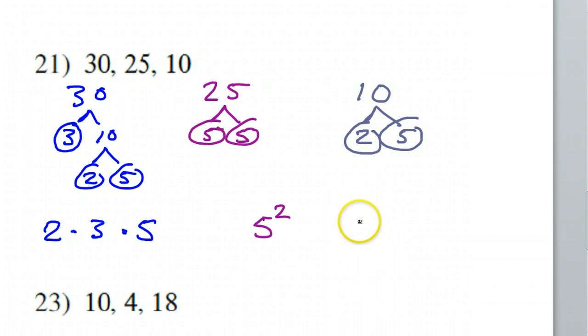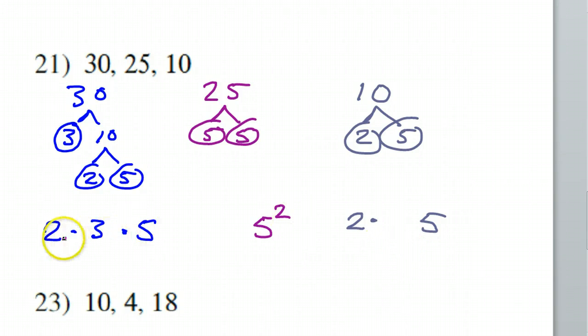So the prime factorization is simply 2 times 5. I'm looking ahead, that's why I'm spacing these out in a weird way. So looking at the prime factorization, we need all 3 of these to be the same.